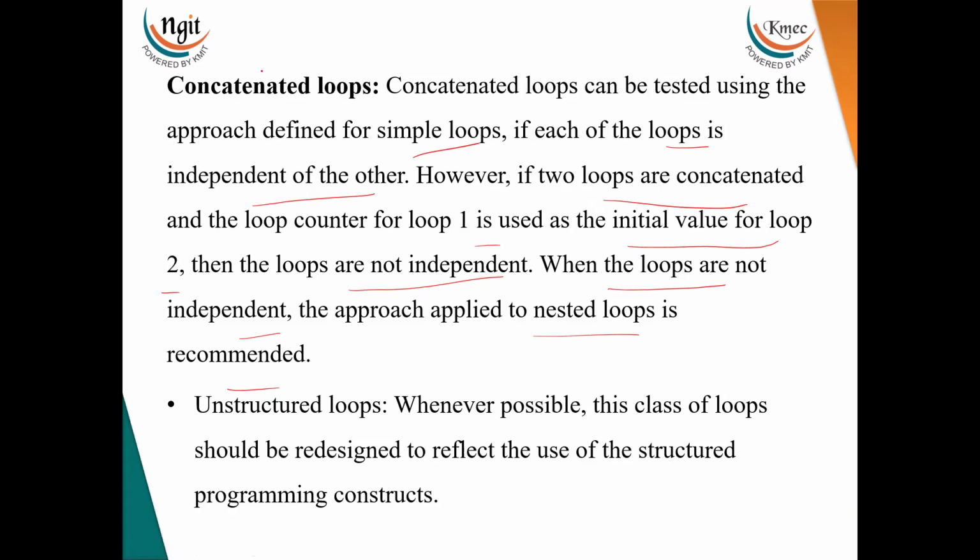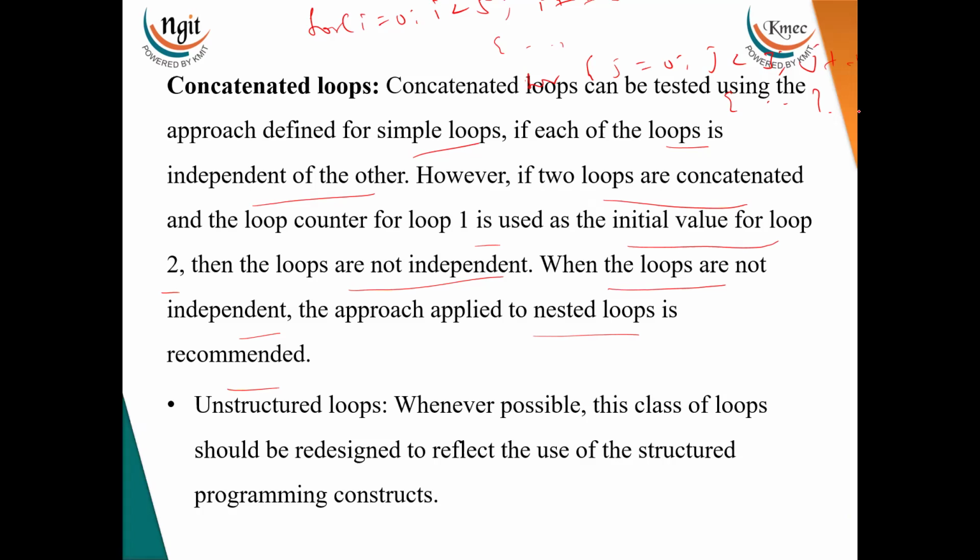It is like two or more loops in sequence. Two or more loops in sequence means, let us say, for i equal to 0, i less than 5, i plus plus, then for j equal to 0, j less than 3, j plus plus. What are the various cases for concatenated loops?